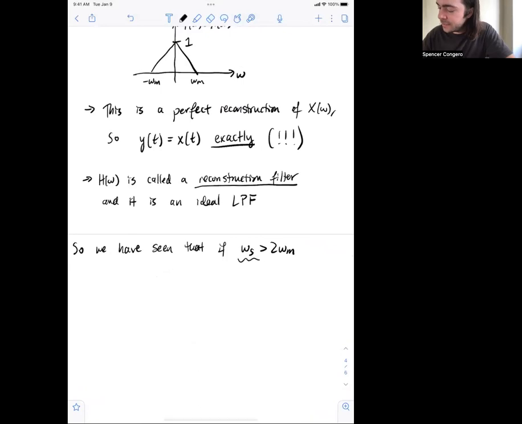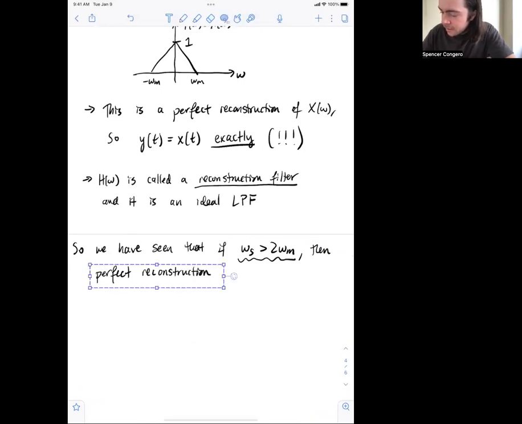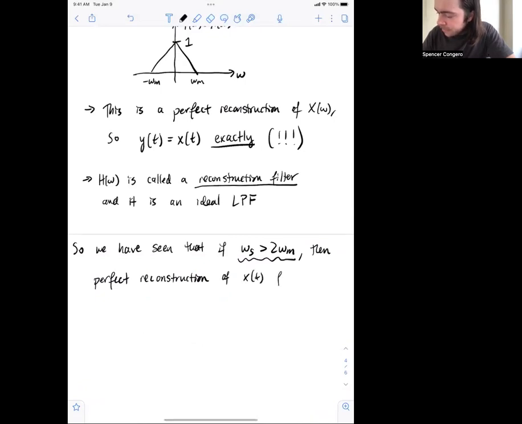So if we have this condition, we've seen that perfect reconstruction of x of t from its sampled signal x of s of t is possible.